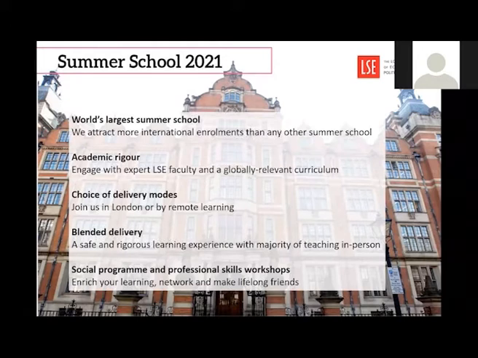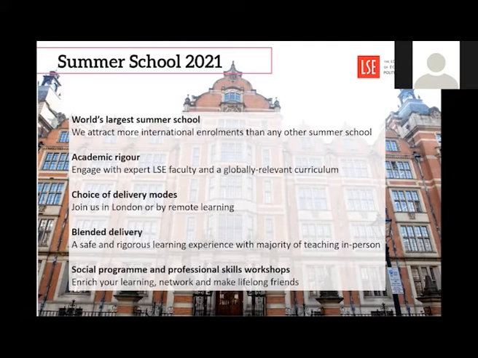This in-person program will run in what we call a blended format. 2/3 of the teaching will take place in person, in safe, socially distanced environments. This includes all seminar-style classes and half of the lectures. The other sessions will be delivered live online. Students will also have the option to study the entire summer school course on a fully remote basis if they prefer.